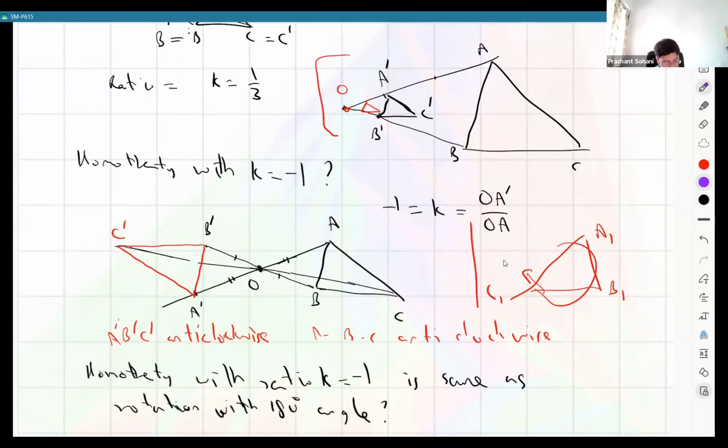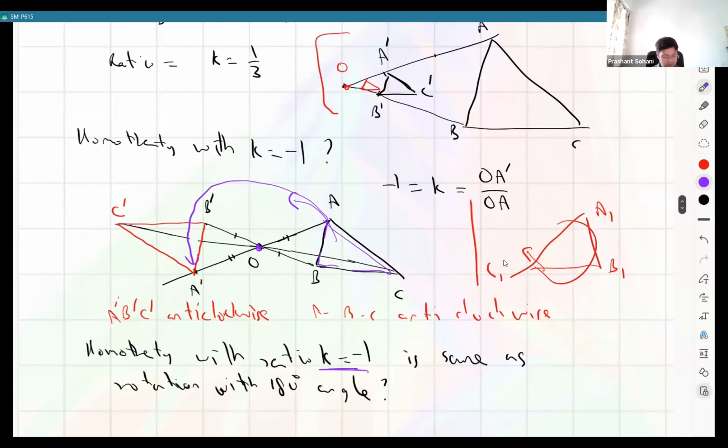So imagine that I take O as my center of rotation and rotate the triangle ABC. If I keep rotating through a full 180 degrees, do you see that it will be the same picture? Because A will rotate and go to A dash, B will go to B dash, C will go to C dash. So, particularly when the ratio is -1, the same operation can also be thought of as a rotation with 180-degree angle. Both of them will give you the same result.